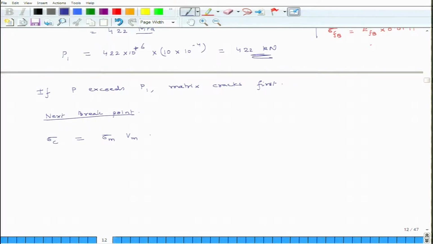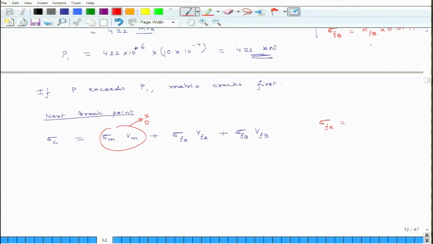This is the general relation, plus stress in fiber A times volume fraction of fiber A plus stress in fiber B times volume fraction of fiber B. But the matrix has already broken. If the matrix is broken, this thing will be 0. We cannot use this term. Okay. So, this will be 0 because matrix does not exist. It takes no load, and sigma f a.